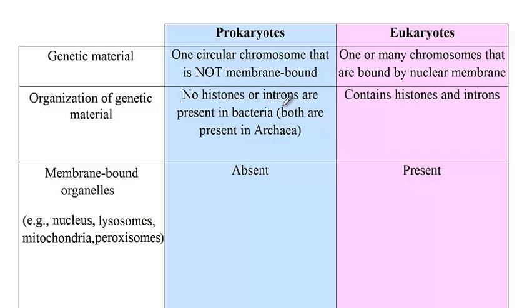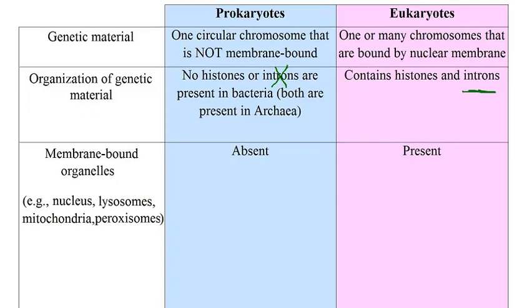Those non-coding segments are called introns, and they need to be removed through the splicing process. But introns are only found in eukaryotic cells. There are no introns in prokaryotic cells.